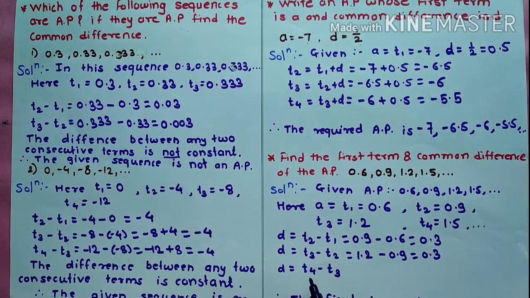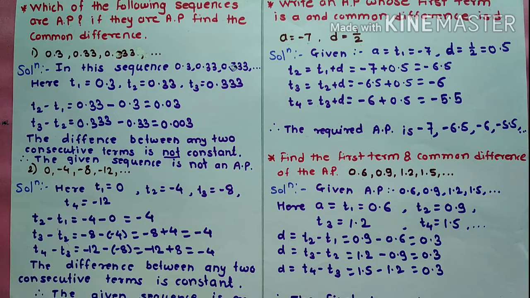Next T4 minus T3: T4 is 1.5 minus T3 which is 1.2. 1.5 minus 1.2 is 0.3.